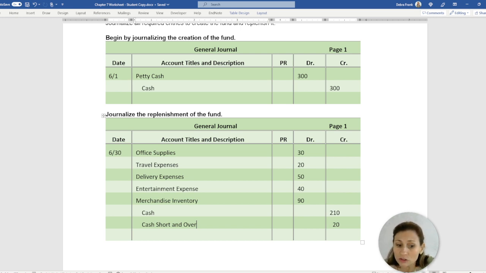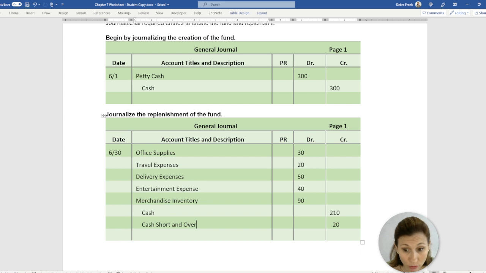But anyway, when it is a shortage, when you're short on the cash, think of that as, well, we're going to plug it to an expense. So if it's a cash shortage, it will have a debit balance.